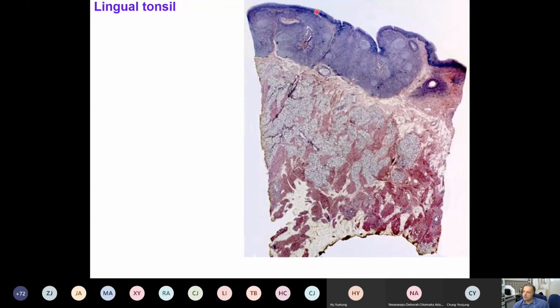Also, please note that the surface epithelium does not invaginate that far from the surface, maybe here a bit deeper, but it doesn't go that deep as in the palatine tonsil. Therefore, one can say that the crypts are more shallow in the lingual tonsil, and this will help you to distinguish also.